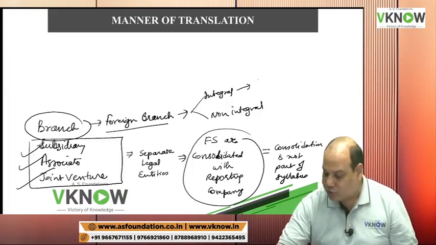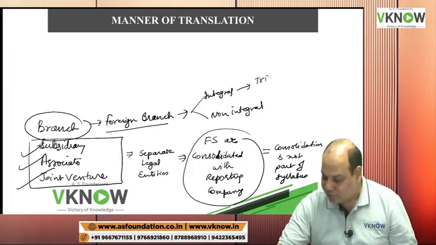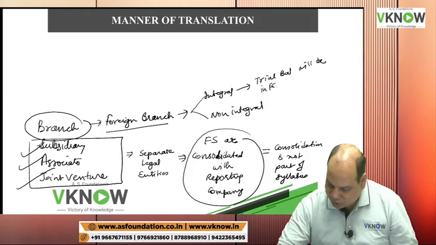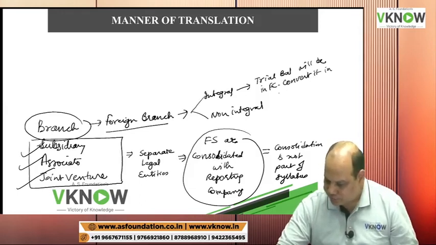For an integral foreign branch, you will be given a trial balance. The trial balance will be in foreign currency. You have to convert it into home currency.